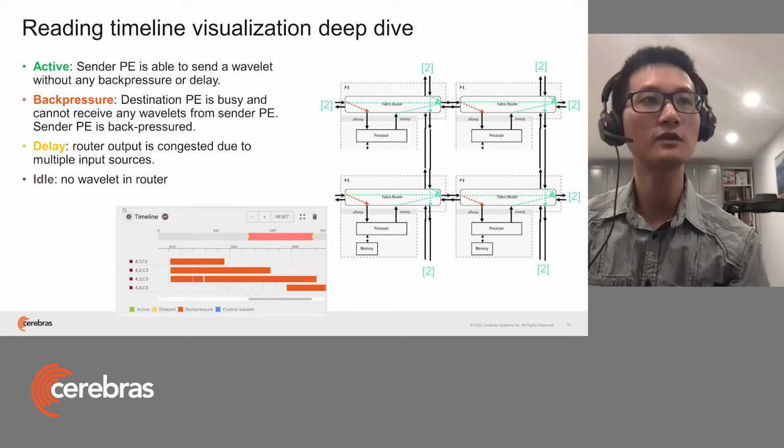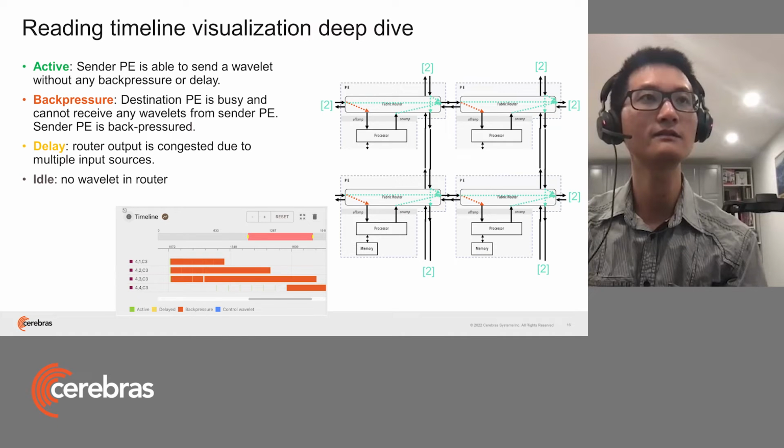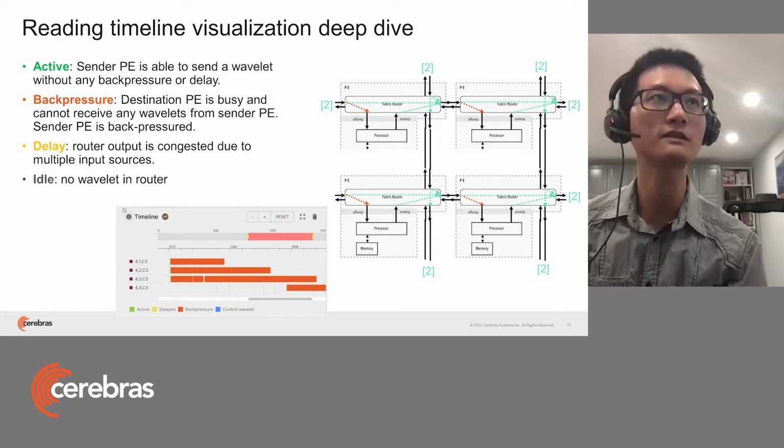In the ideal world, what you want is have your computation do work, send out the wavelet, do work, send out the wavelet, right? So now you're trying to keep your processor as busy as possible, but not so overloaded where you're sending things and outputting too sparse, right? Otherwise, that means your processor is way too busy and you're putting too much computation into one processor.